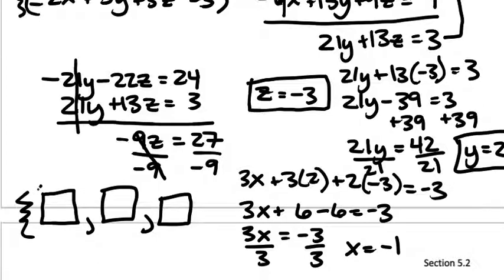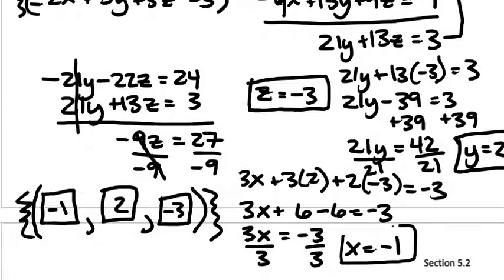And it actually has the parentheses in here for you already, which is nice. So this is what you're going to see in the homework. You're just going to type in negative 1 for x, you're going to type in 2 for y, and you're going to type in negative 3 for z. So x, y, z, z always comes after y in the coordinate pairs.